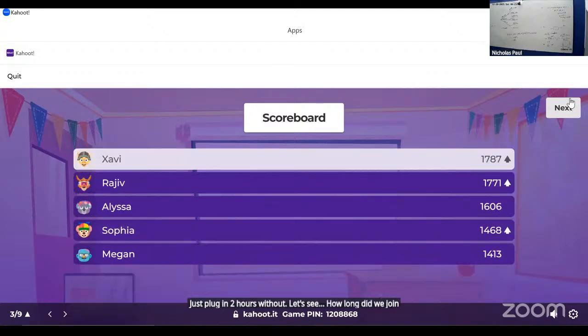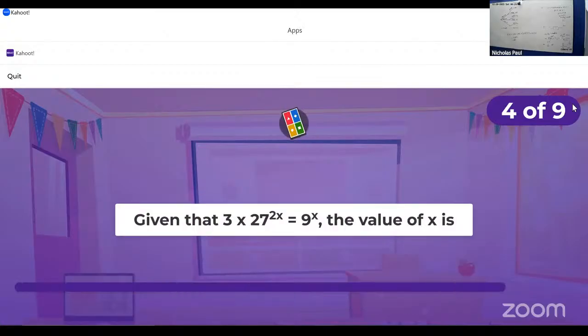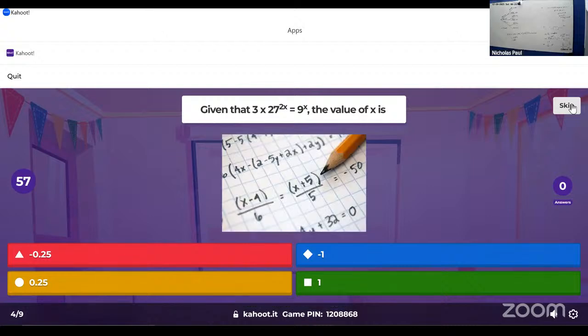What's the value of x? Yeah, the zeros here.